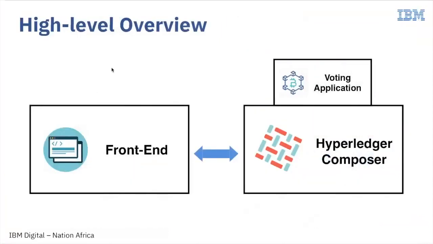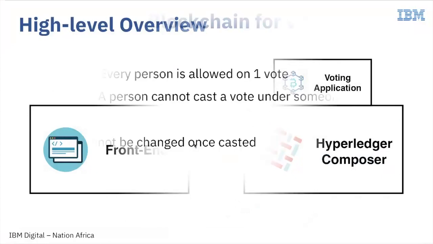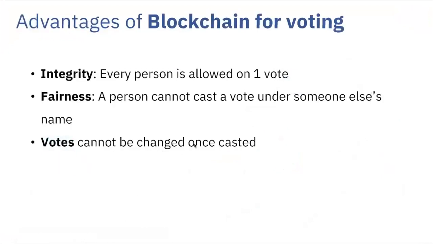So what we did was we created a voting application on top of the Hyperledger Composer. And then, as I said, we didn't create the front end, but you can create the front end on your own using HTML, CSS, JavaScript, whichever technologies you prefer, and you can very easily connect it with the voting application. So this brings us to the conclusion of our demo.